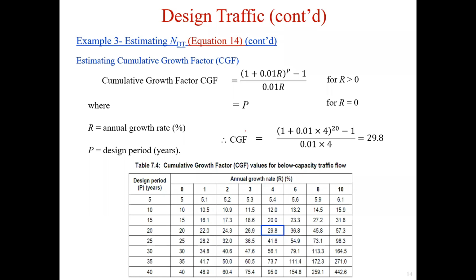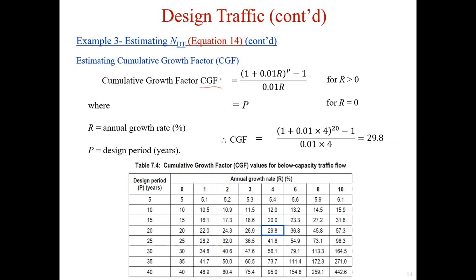Adopting this specification of growth, and with compound growth occurring throughout the design period, the cumulative growth factor, the CGF, over the design period is calculated with this formula, as shown here, where R is the annual growth rate in percentage, and P is the design period in years.